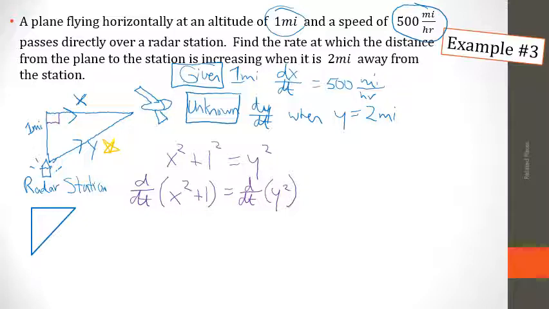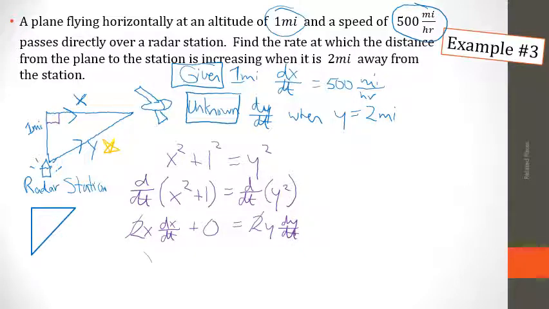The derivative with respect to time of x squared is 2x dx dt. Derivative of 1 is 0. And the derivative with respect to time of y squared is 2y dy dt. So I can eliminate the 2 from each side.